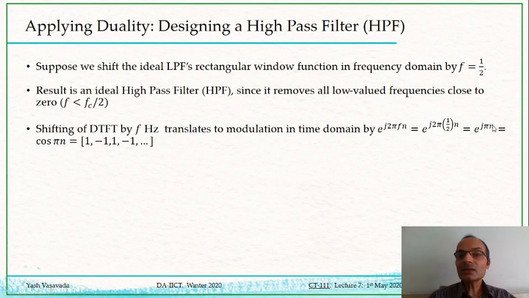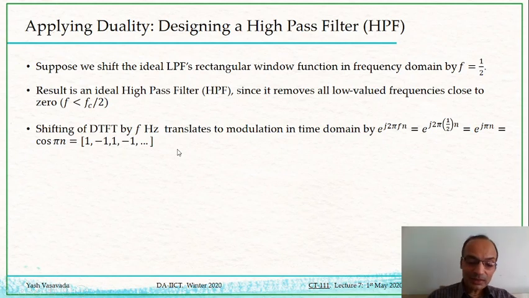N is the index of time, and it varies from minus infinity to positive infinity, and therefore as I keep on incrementing n, what I get is simply 1, minus 1, 1, minus 1, 1, minus 1.